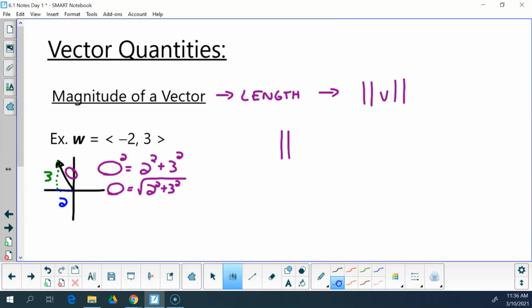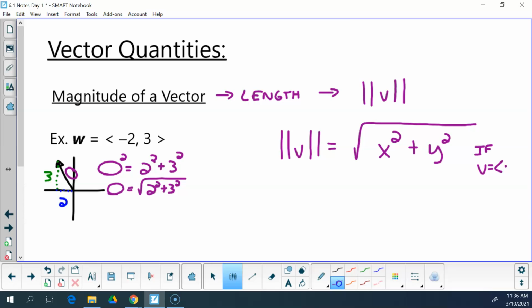The magnitude of v is going to equal the square root of x squared plus y squared if v is x comma y. And that's how we find the magnitude. So here then, the magnitude would be the square root of 2 squared plus 3 squared, or in this case, negative 2 squared plus 3 squared.